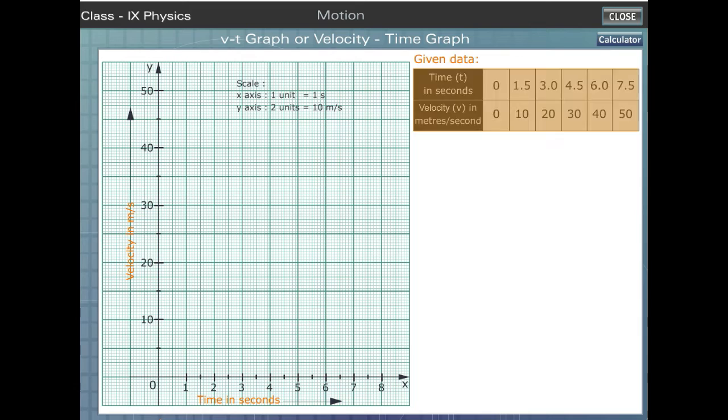Analyze the given data and choose a proper scale such that the whole range of variations are well spread out on the whole graph paper.